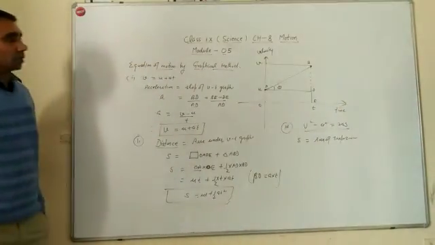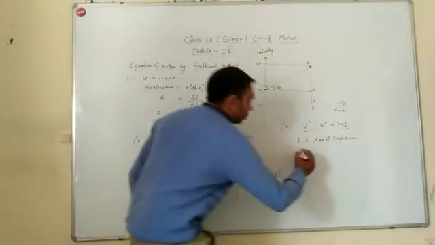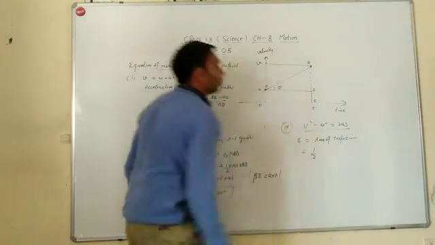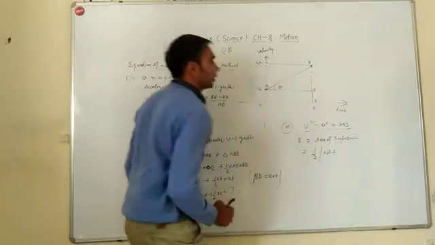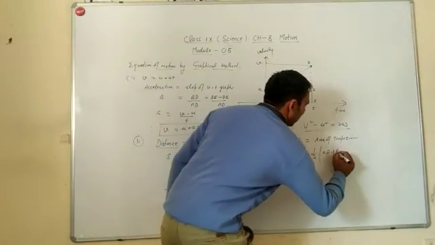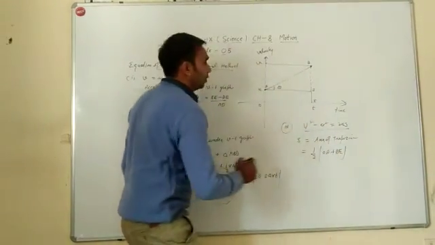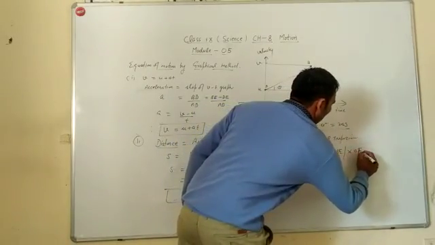Area of trapezium is 1 by 2, sum of parallel sides OA plus BE, multiplied by the perpendicular side OE.